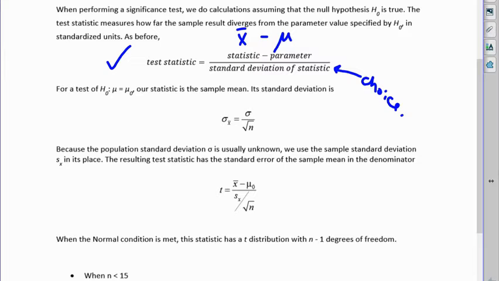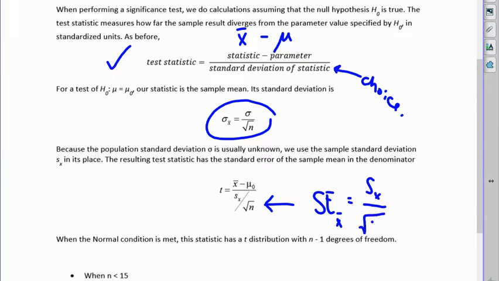If known standard deviation, you'll be using sigma, but more likely you'll be using the standard error of the mean, and so you'll be using this right here. Okay, so then to find that.